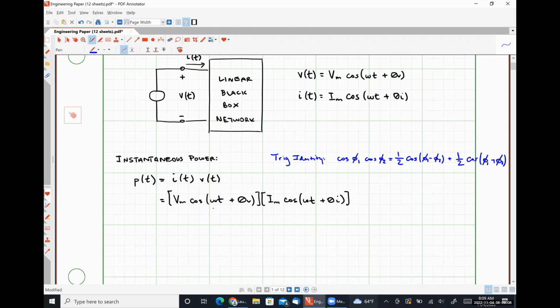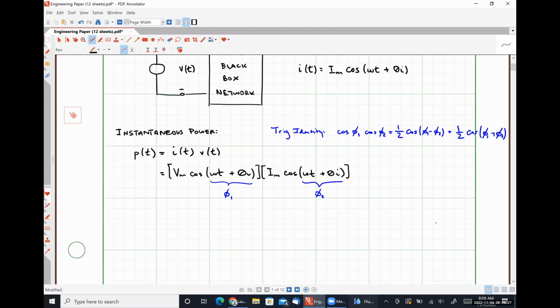So in this case, angle 1 is the entirety of omega t plus theta v, and angle 2 is omega t plus theta i.